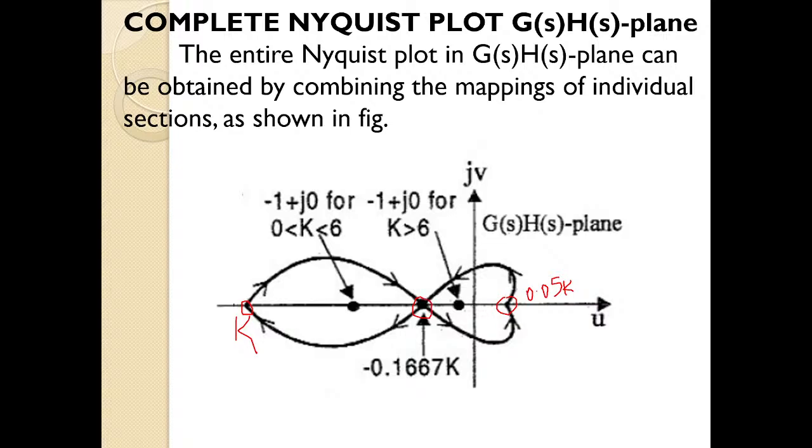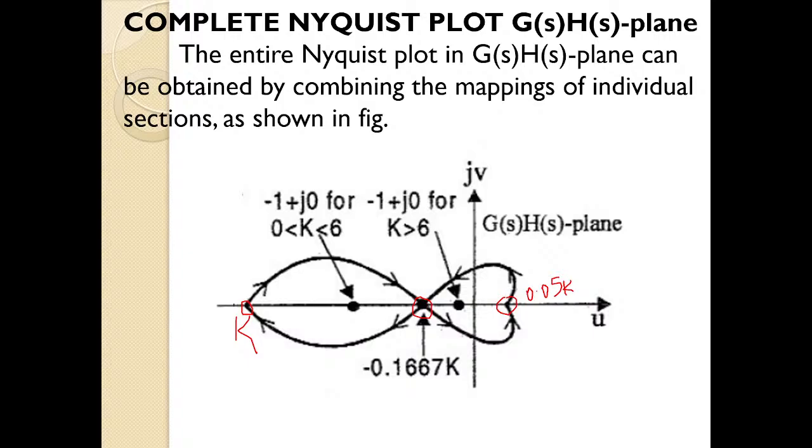Let us discuss the stability analysis for this. We already know that if the contour encloses the -1+j0 point in the anti-clockwise direction on the G(s)H(s) plane, then the system will be stable.